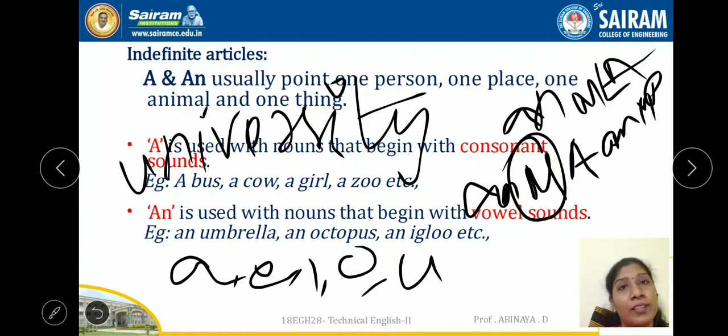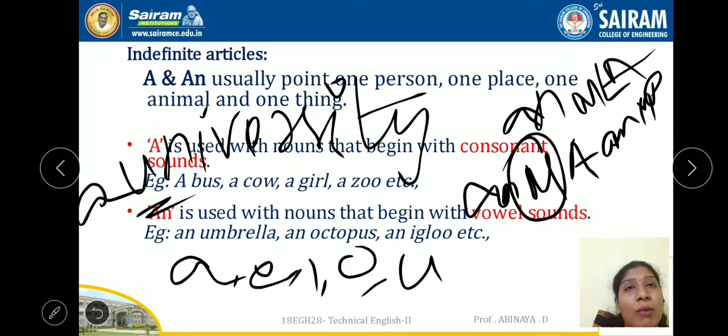And see, university. Actually, it starts with a vowel letter, but not with a vowel sound. It's "yoo-niversity"; it starts with the sound of Y. So, a university, not an university. A university, but an MLA, an MP, an MA.